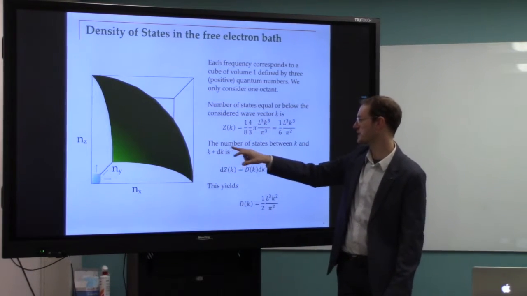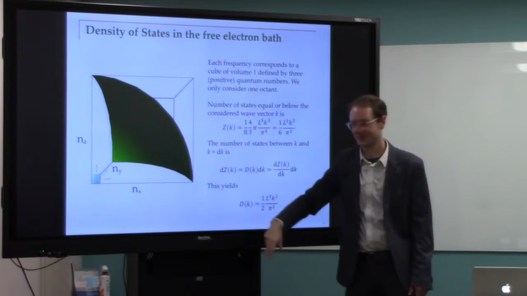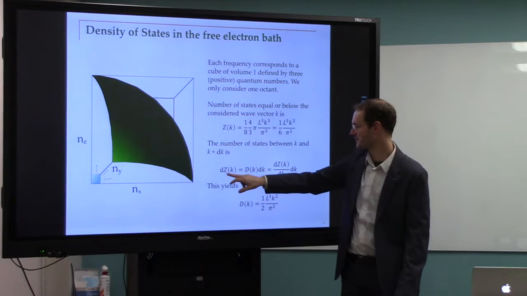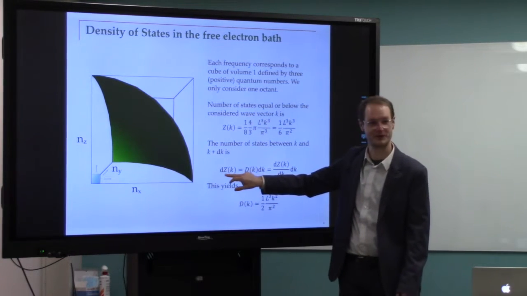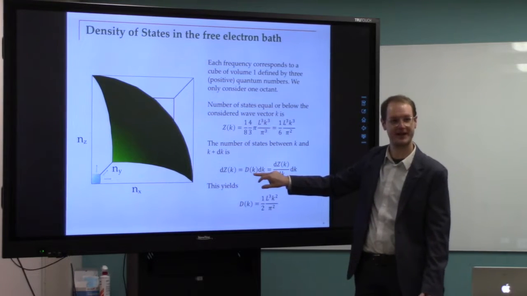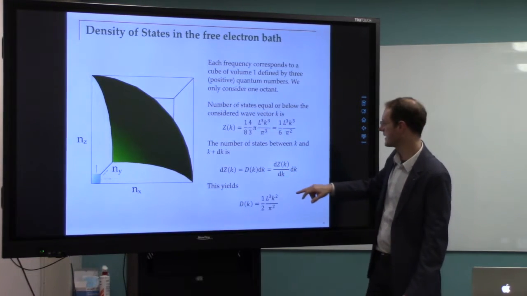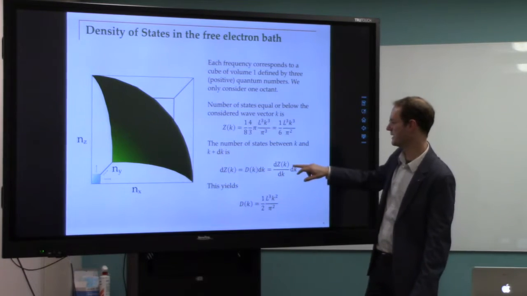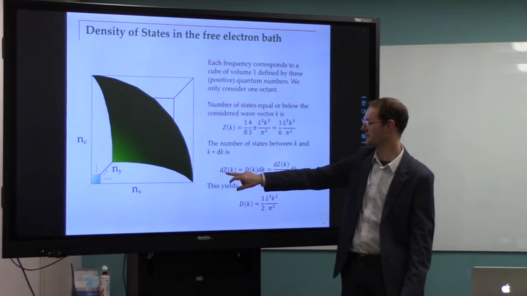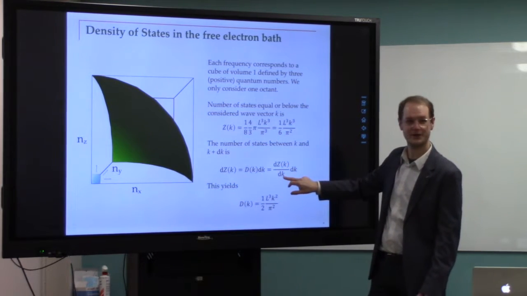Next we're going to consider what's the number of states between k and k plus dk. And so that's going to be some differential of the number of states, right? So it's some density D of k times some differential dk. And so this density is going to be just the derivative of Z of k, which is the total number of states, with respect to k.